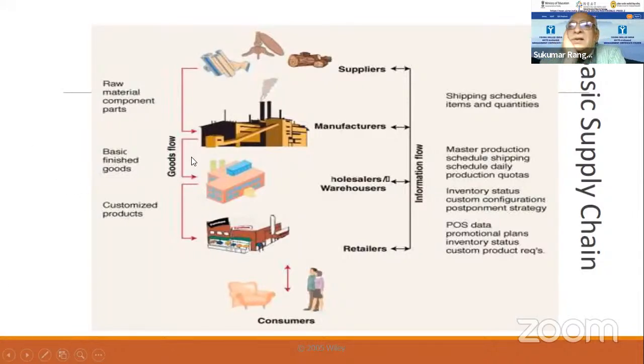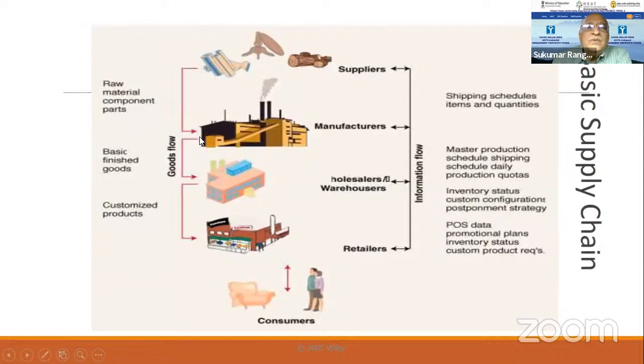Pictorially, let's say this is where the customer is. Okay. Let's say here the raw material component. See, here he is showing the sofa set, right? Now, to make this, you need some wood. You need some components made out of that wood.